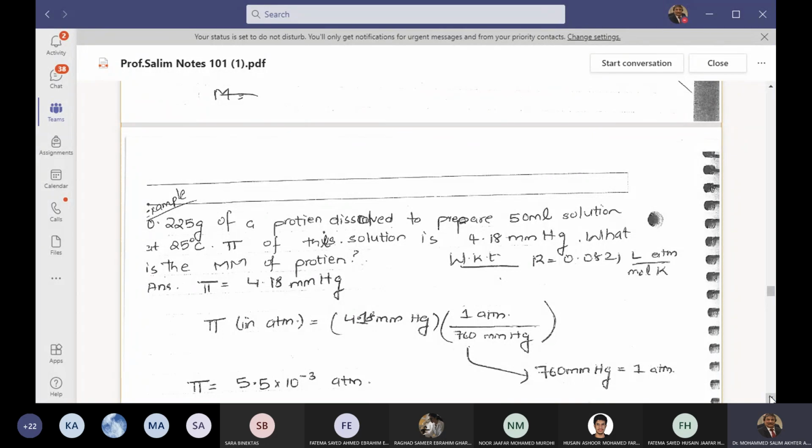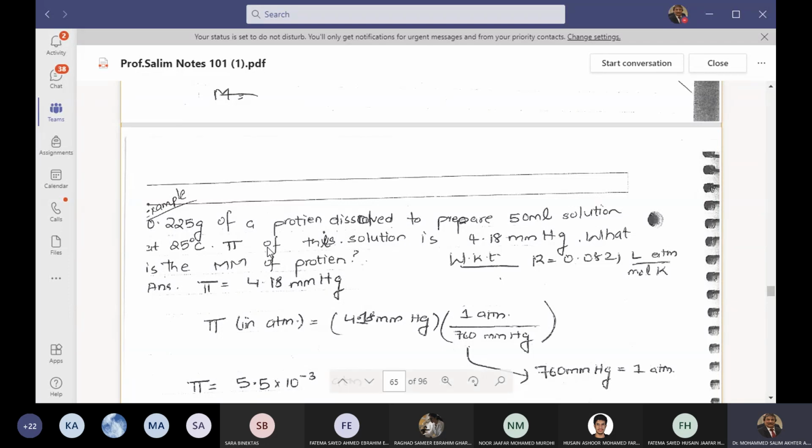I will give you an example. Look at this example which I am doing now. It is very important, just to make sure that you will say, oh, 0.225 gram of a protein means non-electrolyte.